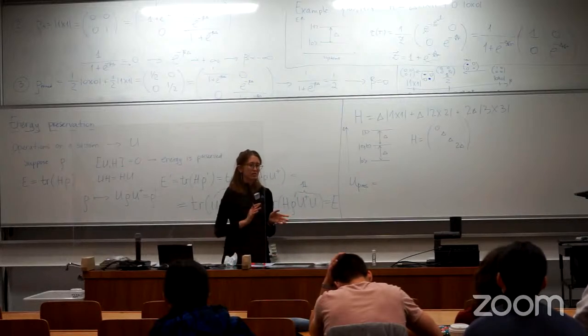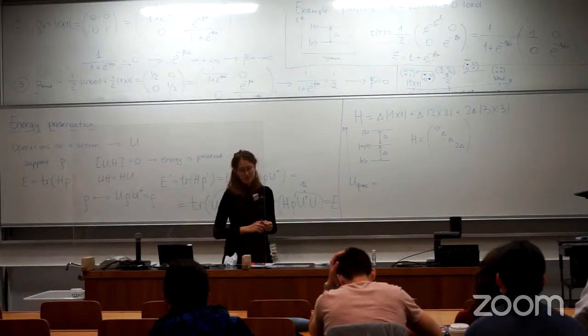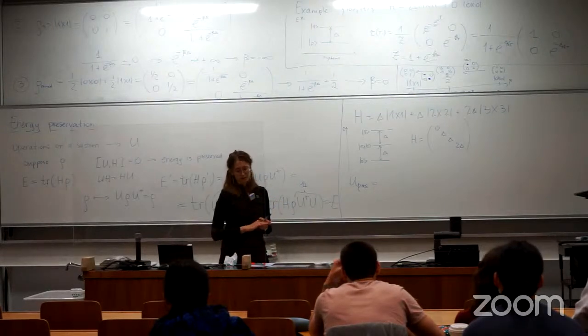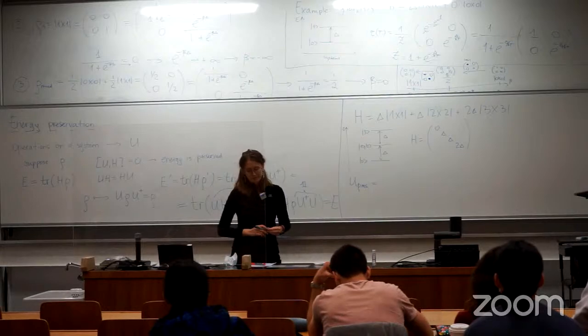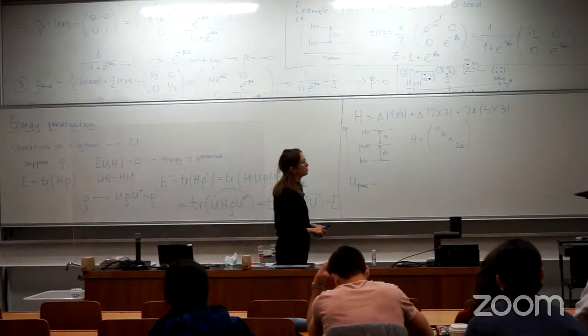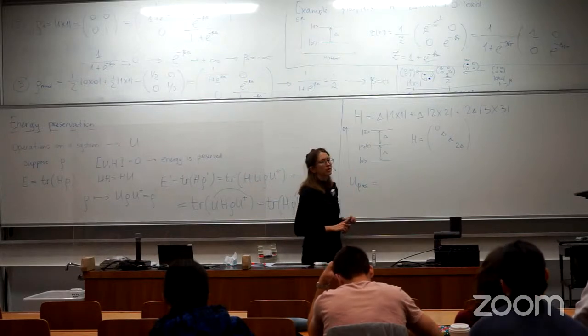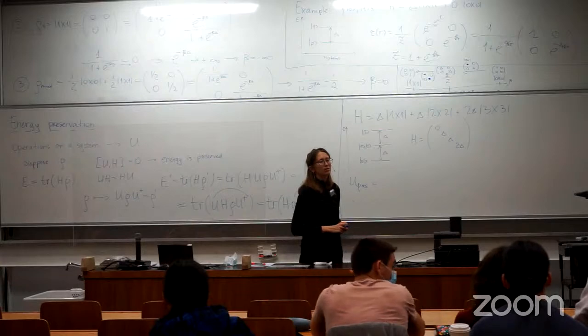So by identifying both bases and identifying the mapping between them, you identify the unitary. So what operation can I do on the system which would preserve the energy? Move 1 and 2? Yes, exactly.